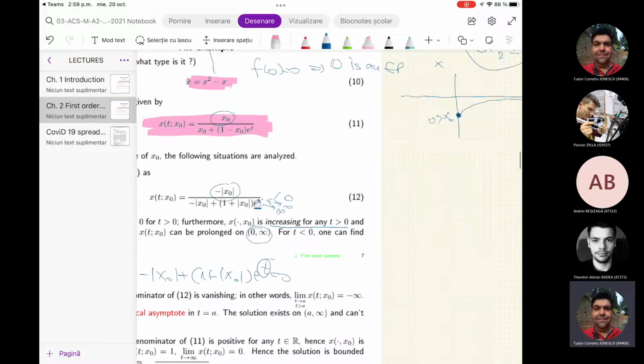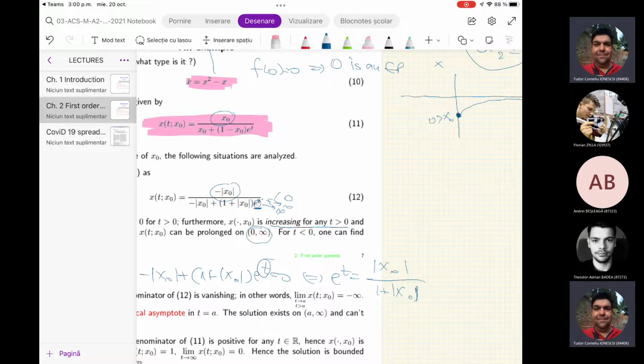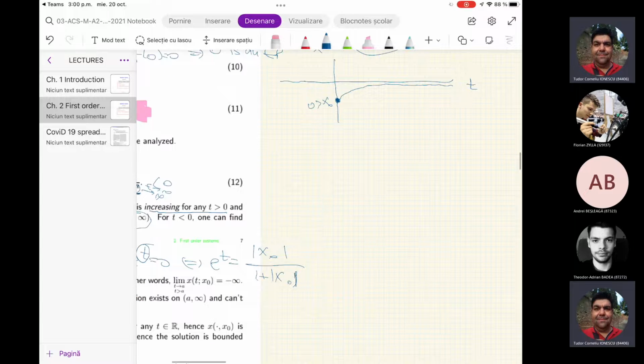So e to the power t is absolute value of x naught over 1 plus absolute value of x naught. Then t is the natural logarithm of this.